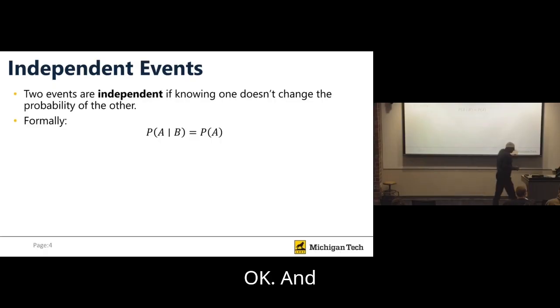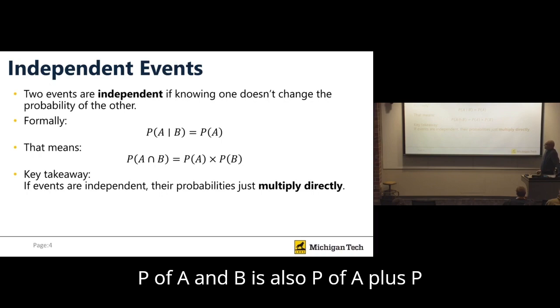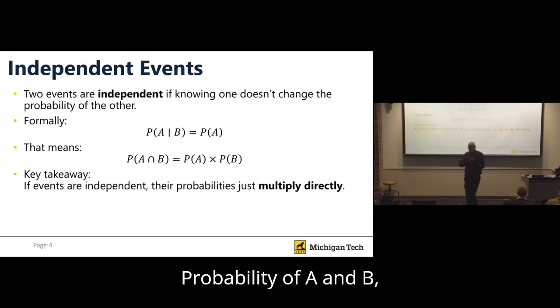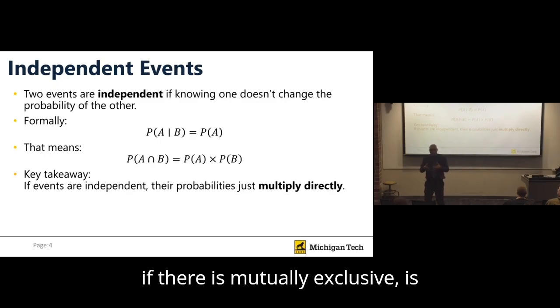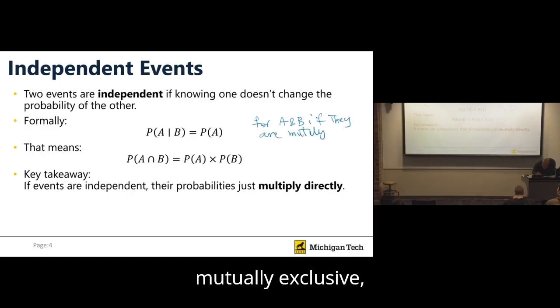OK? And P of A or B is also P of A plus P of B. Notice that probability of A and B, if they are mutually exclusive, is 0. P of A and B is 0.